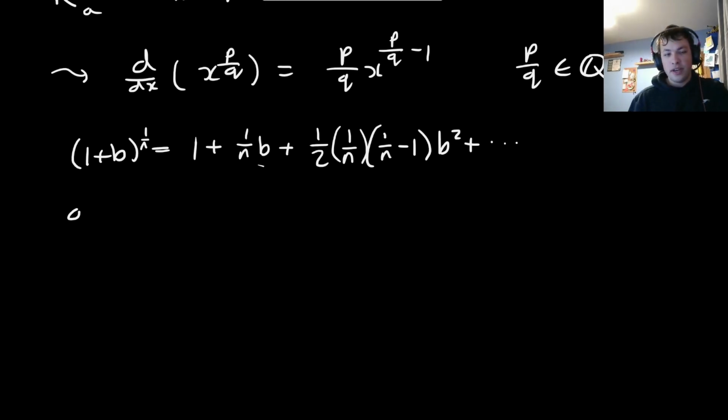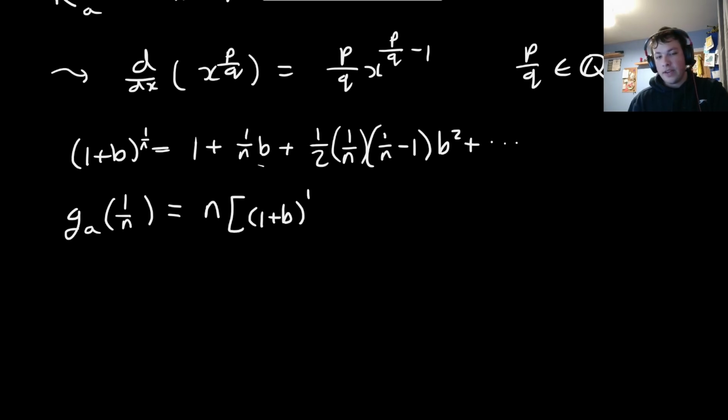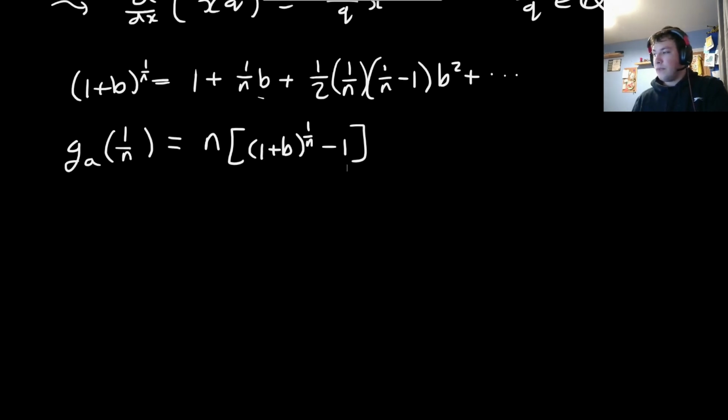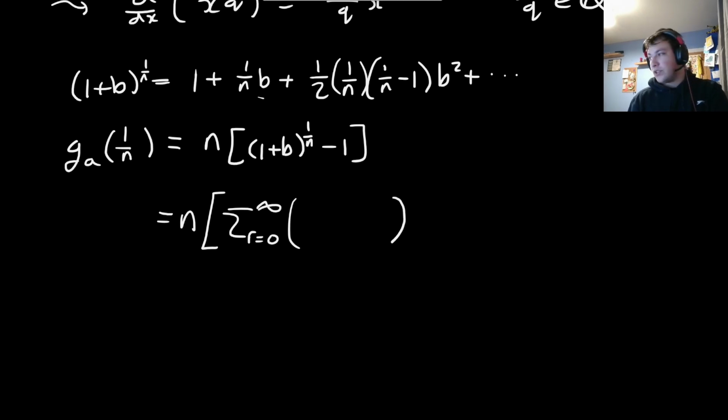And so therefore we can work out GA at 1 over n is equal to n times 1 plus b to the 1 over n minus 1, right? This is just the definition of GA, which is, we'll do all of it, so n, and then we express this expansion, so it's the sum from r equals 0 to infinity, our power expansion, times b to the r.